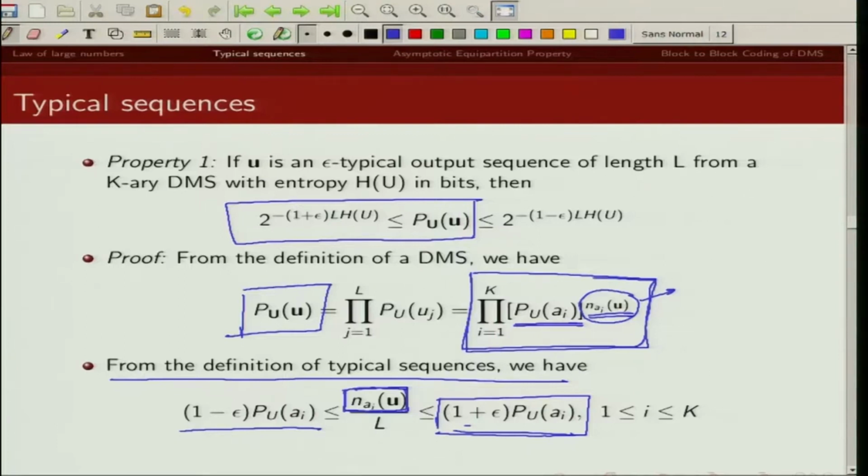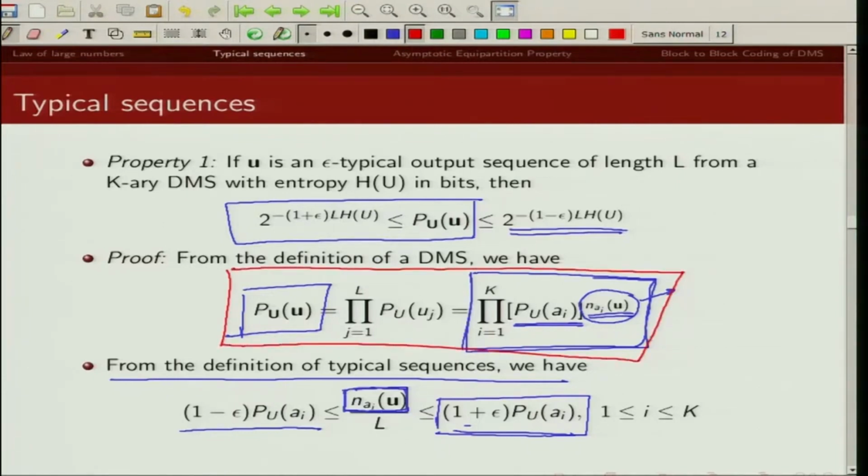Now following the same procedure, we can prove that probability of U is less than or equal to this. So we will proceed in exactly the same fashion. We are going to first write the expression of probability of U, which will be given by this expression. Now instead of taking the upper bound on N_{a_i}(U), this time I am going to take a lower bound on N_{a_i}.